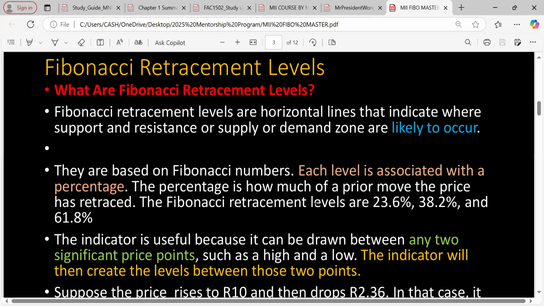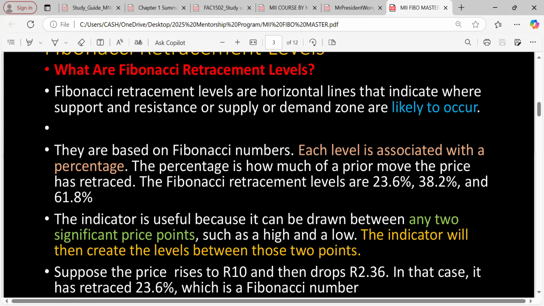Most of the time, these levels are associated with percentages, and the percentage is basically how much the price has moved. In the Fibonacci retracement level you've got 23.6%, 38.2%, 50%, 61.8%. You can Google and learn about this, and its history, if you're into numbers, maths or stats.